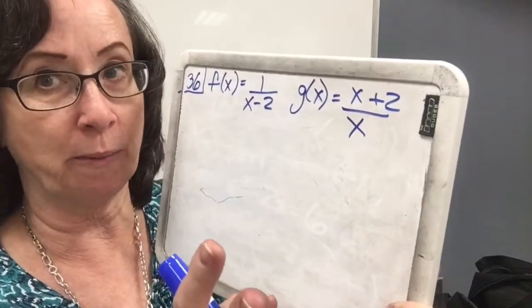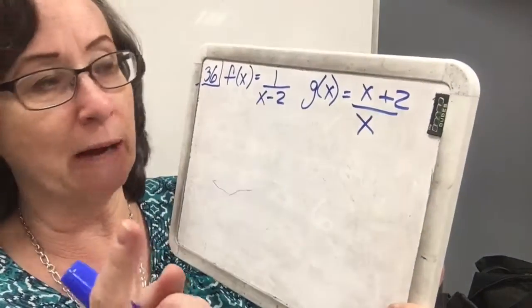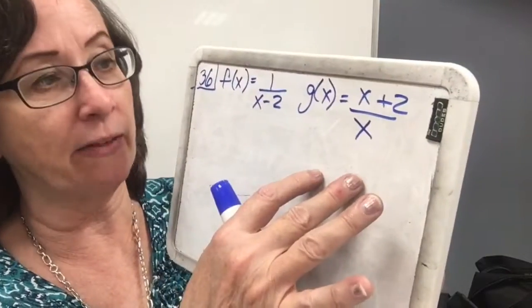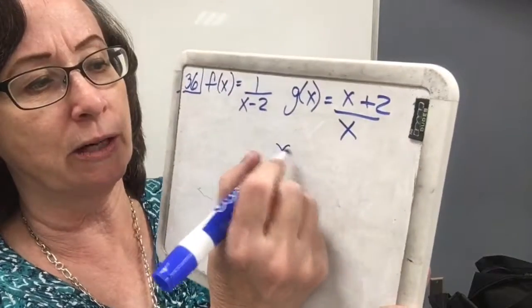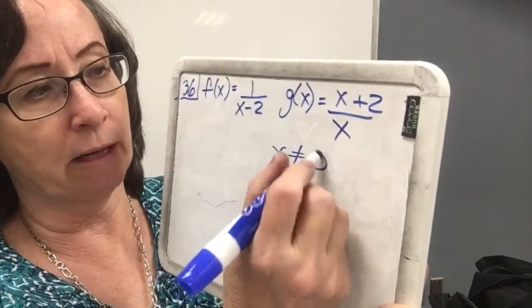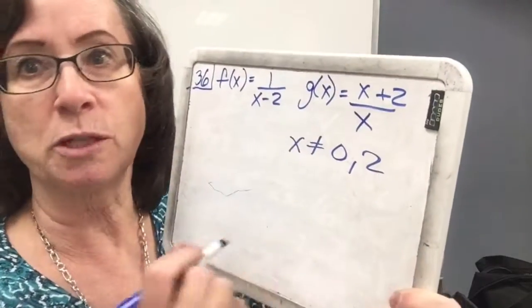That we would call the domain of the function. So if I were going to add these two functions together, I would say all real numbers except x could not be 0 and x could not be 2. All real numbers but those.